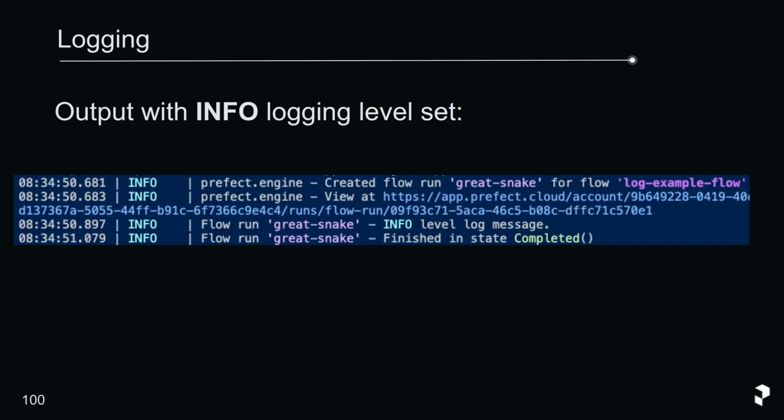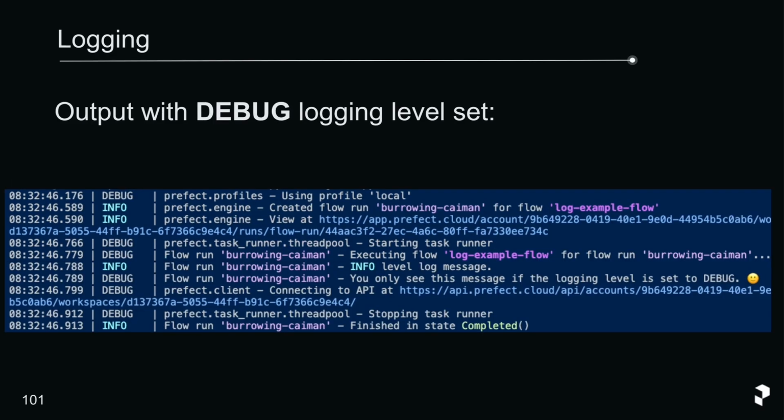If you were to run that flow with info level logging set as the default in your environment, this is an example of what your logs will look like. So everything that you can see here is info level as indicated in the screenshot. However, if we were to enable debug level logging in the environment, you can see that running the same flow produces a set of logs that are way more verbose, but in a good way, in the sense that it has a lot of helpful information when it comes to troubleshooting.